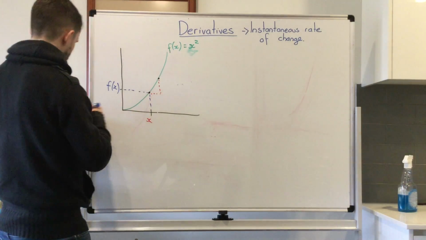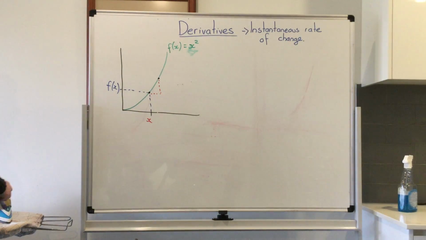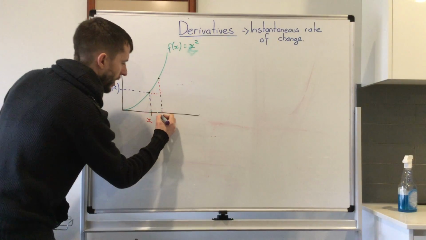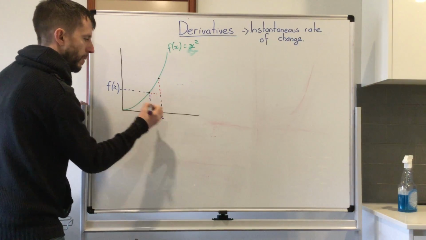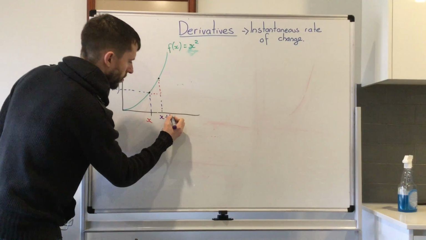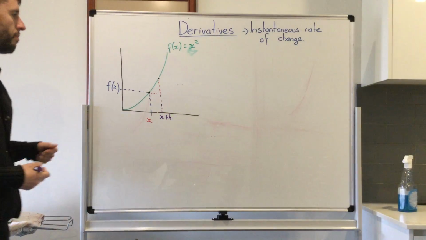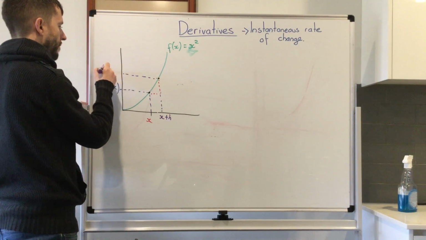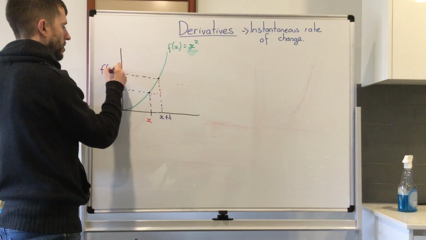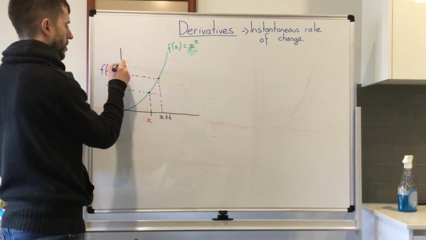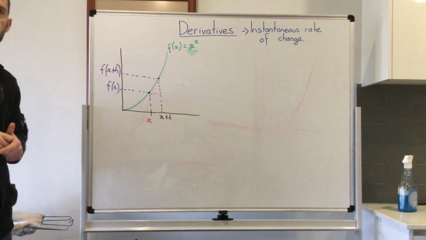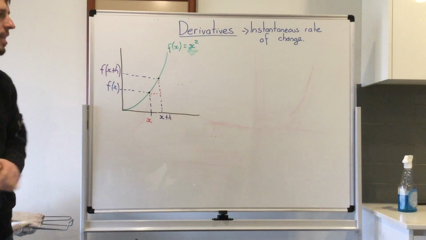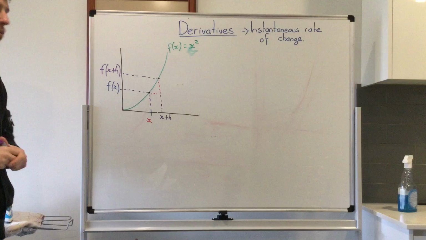Now this point here will be x plus this space, so x plus h, which means the y will be the function of x plus that distance. So I've got my points, now I'm going to put it into a formula.